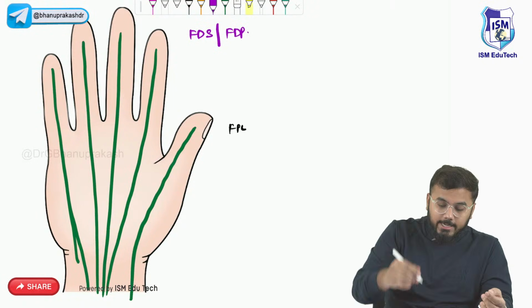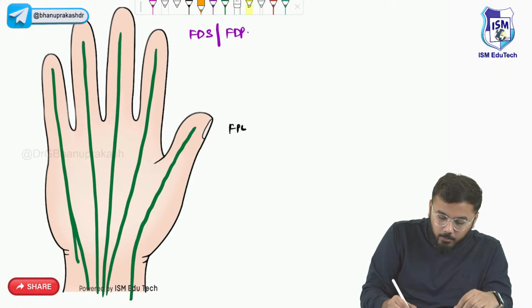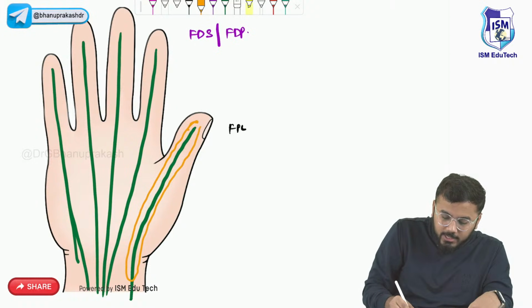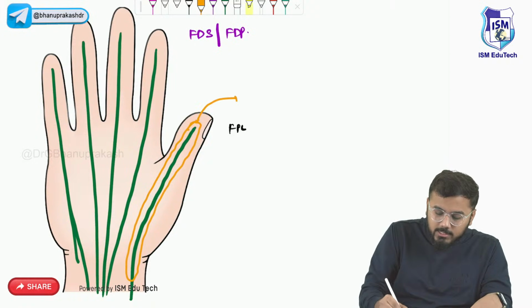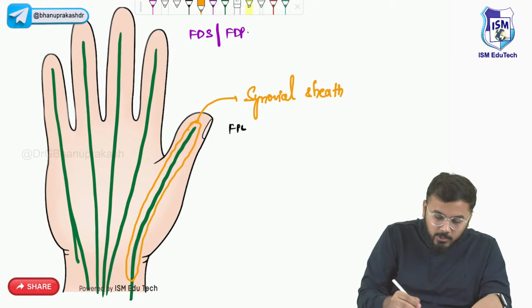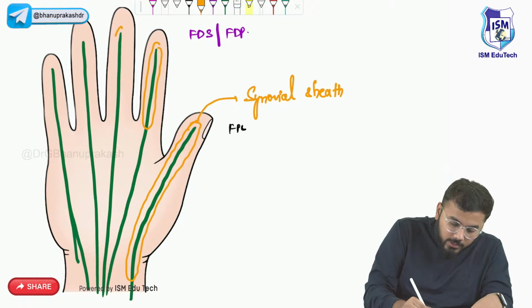Now surrounding these tendons, this is a very important clinical point. Surrounding these tendons, I have got a synovial sheath. Surrounding this tendon I have a synovial sheath, surrounding the next tendon another synovial sheath, and surrounding the third tendon another synovial sheath.